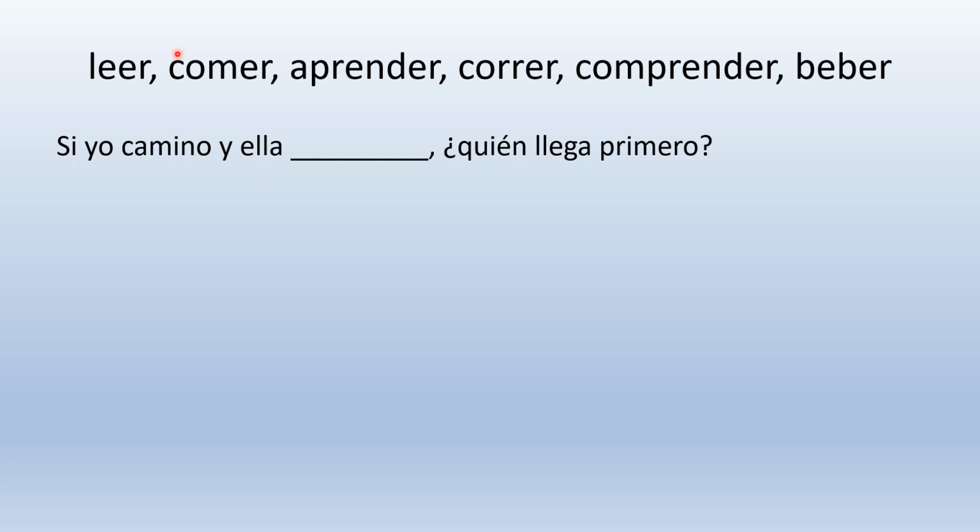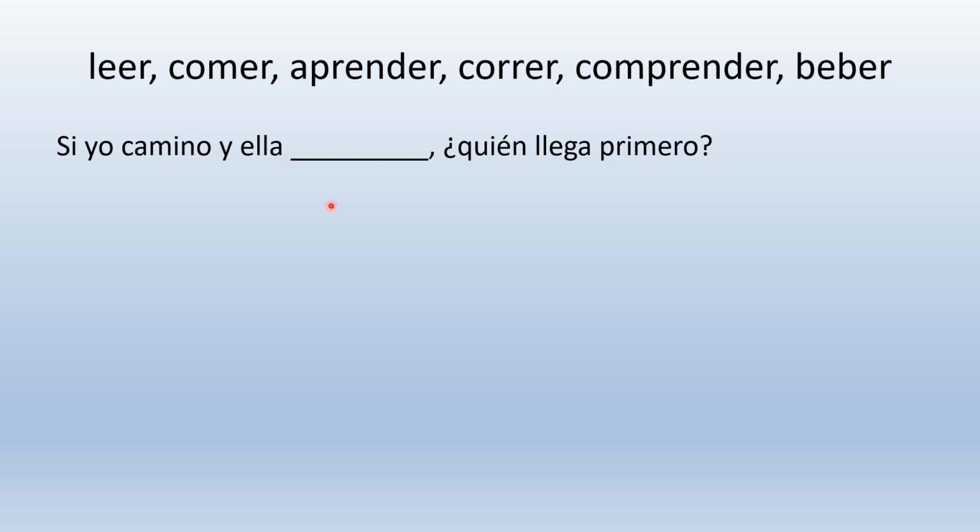Okay, what's another way we can get somewhere? Looking at these verbs above. Maybe correr, to run. So, how do we conjugate correr for ella? Remember, we take off the end and we add to the stem, we add e.